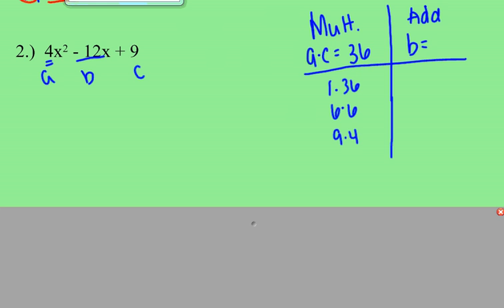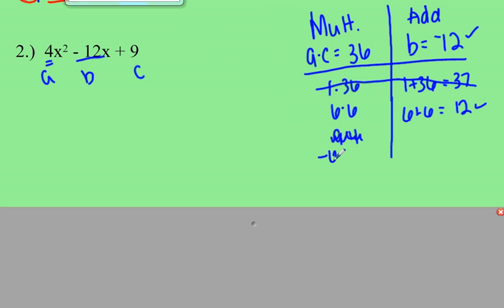My middle value here is negative 12. So let's do some testing. 1 plus 36 equals 37. So this doesn't work. 6 plus 6 equals 12. We're trying to get negative 12, so we're actually really close. So let's not consider 9 times 4.